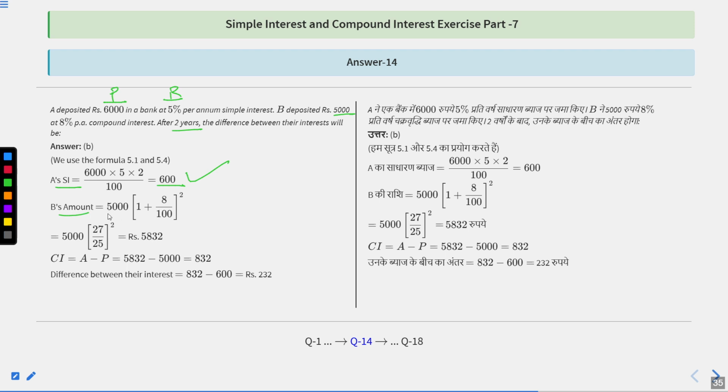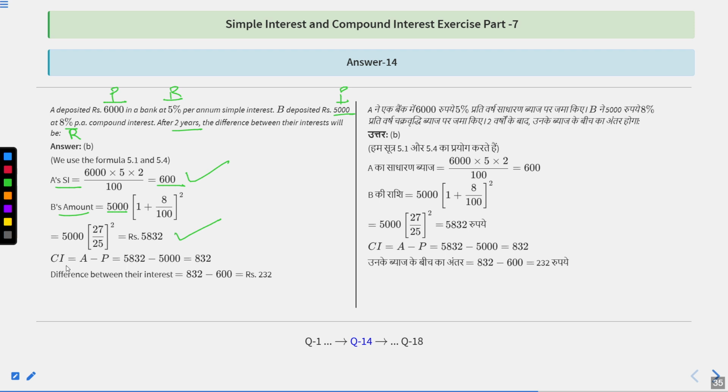For B, the principal amount is 5,000. Clear? For B, principal is 5,000, rate is 8% and time is same for both the conditions. So P is 5,000 in the bracket 1 plus 8 upon 100 whole square. So when we calculate it, we get the amount, which is 5,832. Clear?